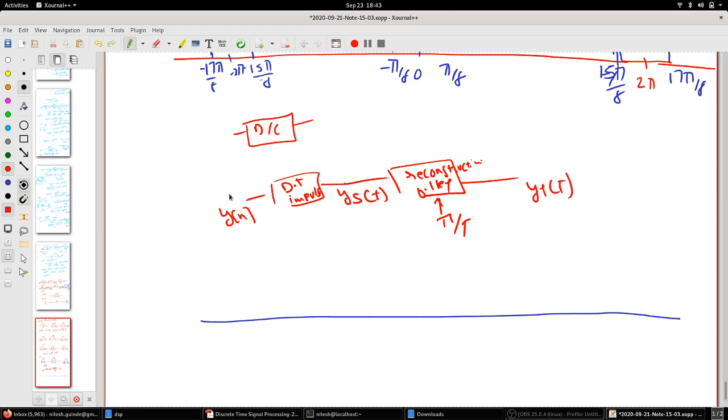Now the frequency responses of these signals are, this is y of e raised to j omega, this is ys of j omega, which is same as y of e raised to j omega t, and the reconstruction filter has got a frequency response of hr of j omega, and the output is yr of j omega.